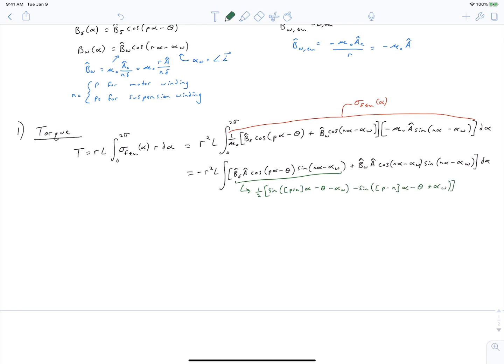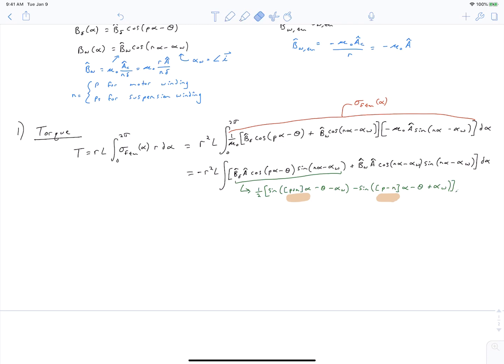So looking at this first term, what I've underlined in green, I've worked the math down below. I've used a trig identity to expand this into two sine terms. And we can see that one of the sine terms has alpha with a multiplier of p plus n, a frequency of p plus n. And the other sine term has alpha with a multiplier of p minus n.